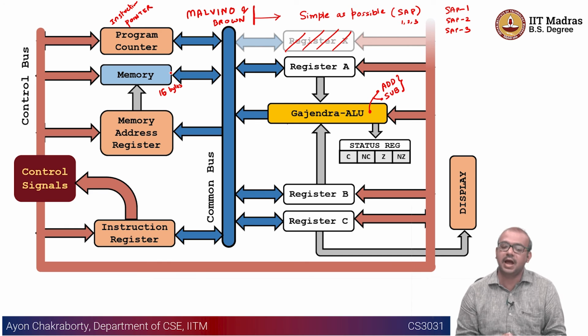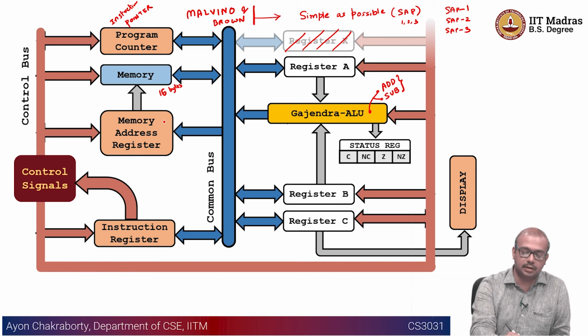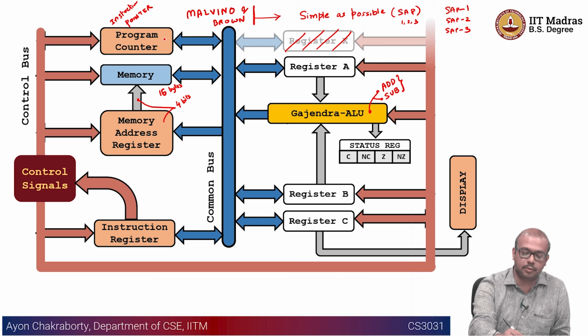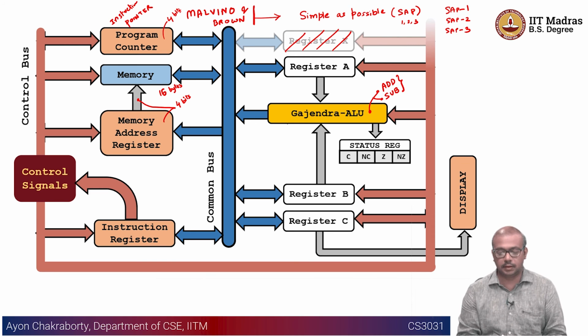From this very fact, you can understand that the memory address register is going to contain 4 bits, and the program counter is also going to have 4 bits, okay. This is very important. 4 bits is the size of the address.